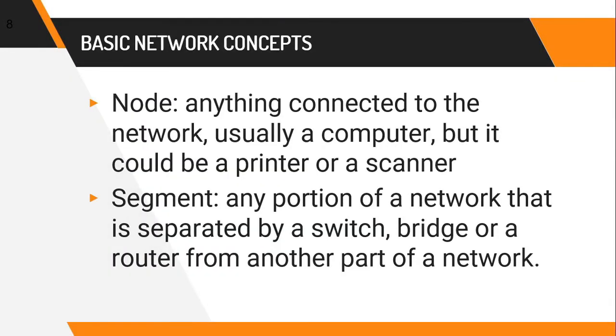Node. Anything connected to the network. It is usually a computer, but it could be a printer or a scanner. A node is any physical device within a network of other tools that is able to send, receive, or forward information. A personal computer is the most common node. It is called the computer node or internet node.